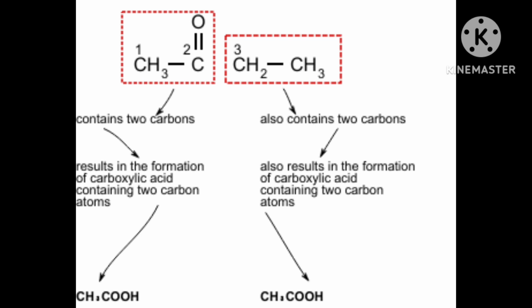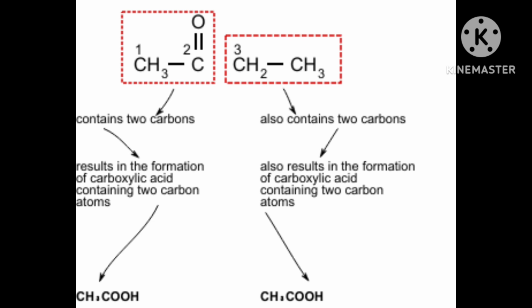What will happen? RCHO, the aldehyde, is already there. One more oxygen will be introduced here, simple, and it will become RCOOH. CHO will convert to COOH. An extra O, one oxygen, came. But always remember, in a carboxylic acid, one oxygen has a double bond to carbon and the other oxygen has a single bond.